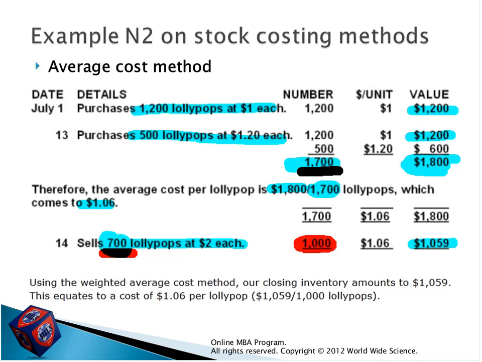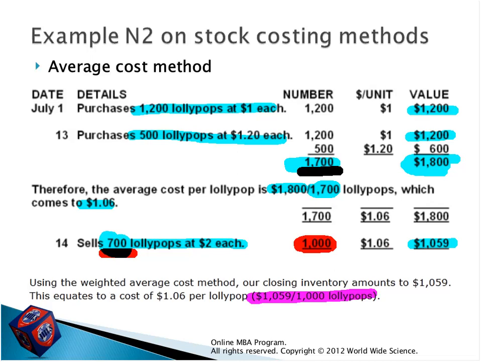And that means we have found our average price for each lollipop, which is $1.06, right? Just by this calculation. So this is all simple calculation.